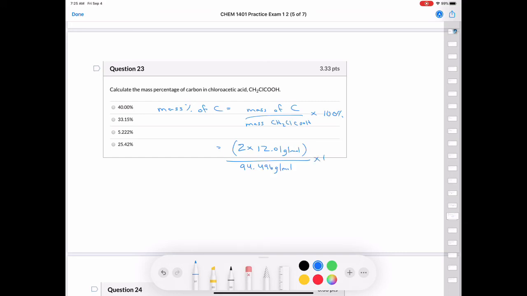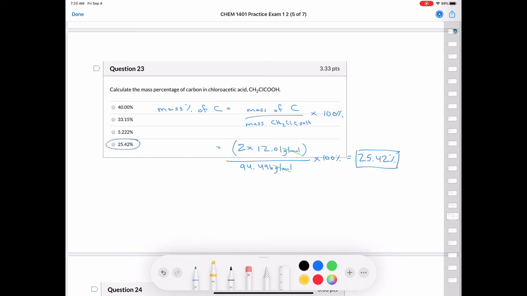Okay, and then we're going to multiply all of that by 100%. Well, you can see that the units of molar mass cancel, and we multiply that by 100%, and we get that the mass percentage of carbon in this compound is 25.42%.